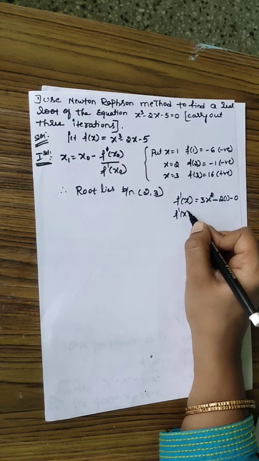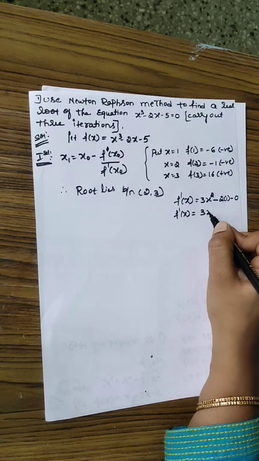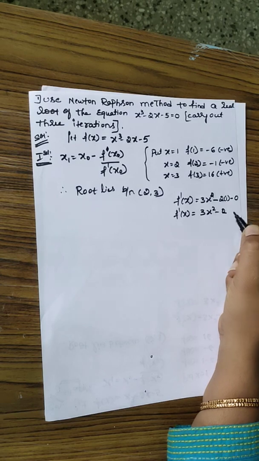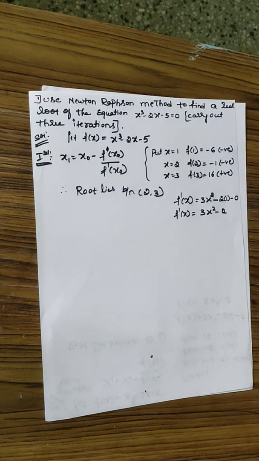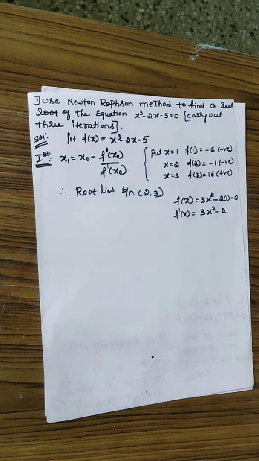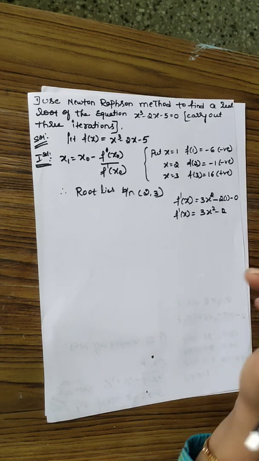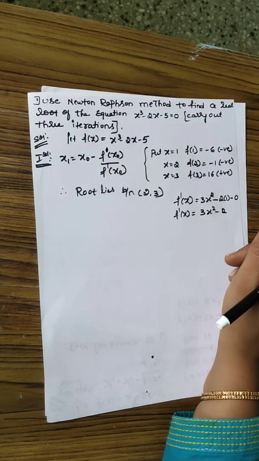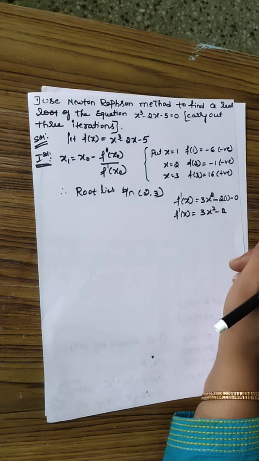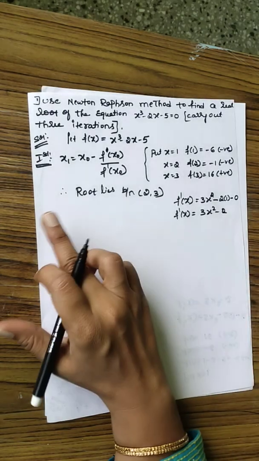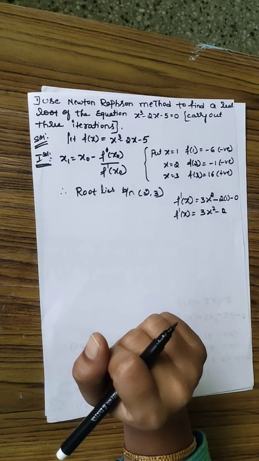So the derivative of the function, f dash of x, equal to 3x square minus 2. So our function is x cube minus 2x minus 5 and the derivative function is 3x square minus 2. Now we will use this derivative function and the main function in solving for the root of the equation.